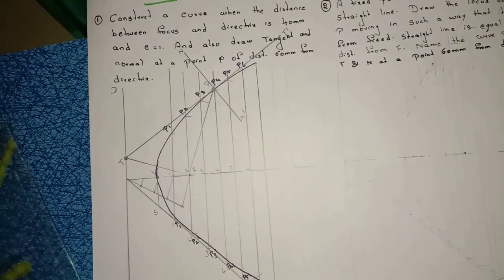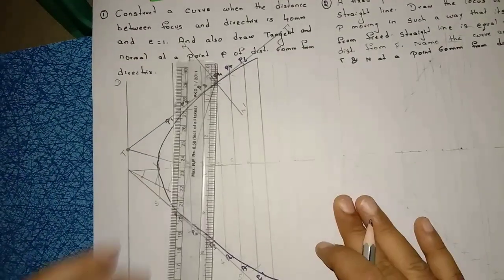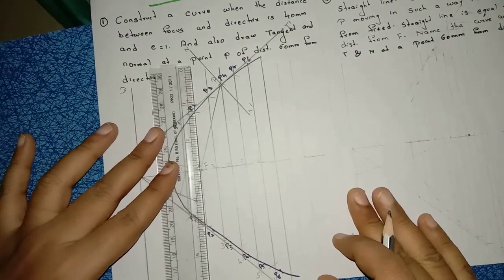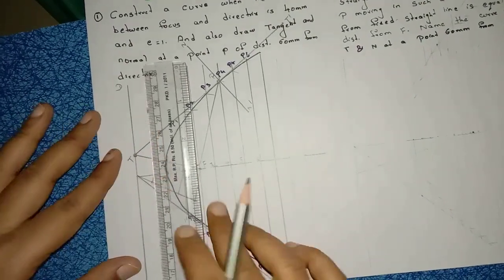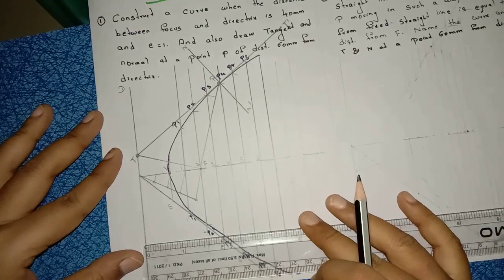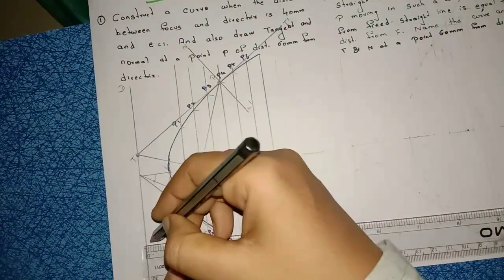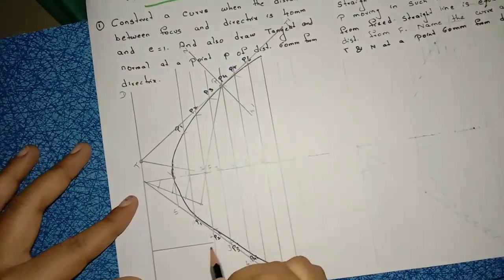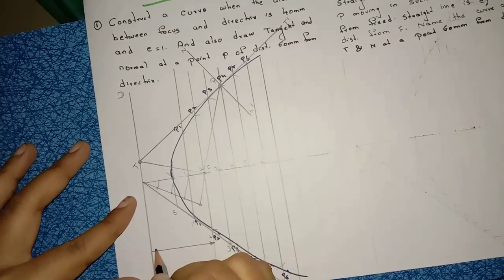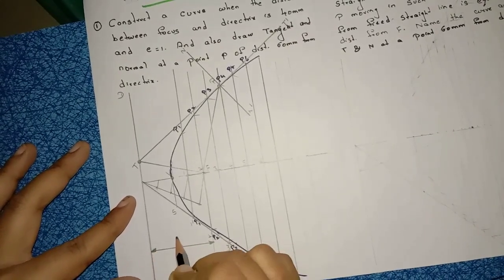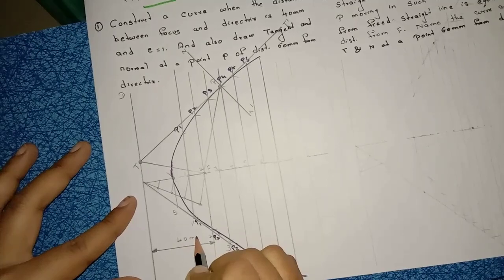After completion of your problem, definitely you have to mark the dimensions. Read the question properly and mark the dimensions. Distance between focus to directrix is 40 mm. So draw extension line from the focus point, dimension line, closed and filled arrow marks, this is here 40 mm.